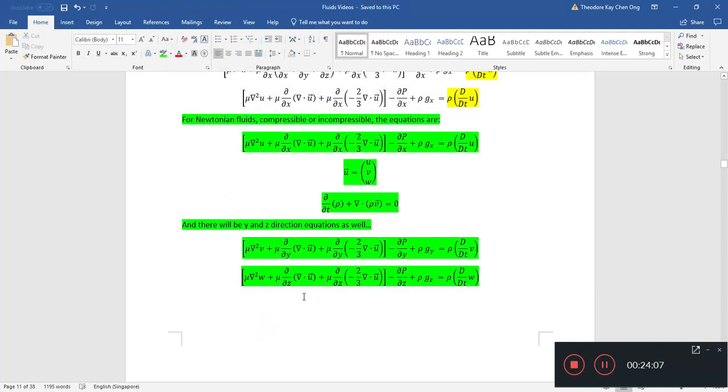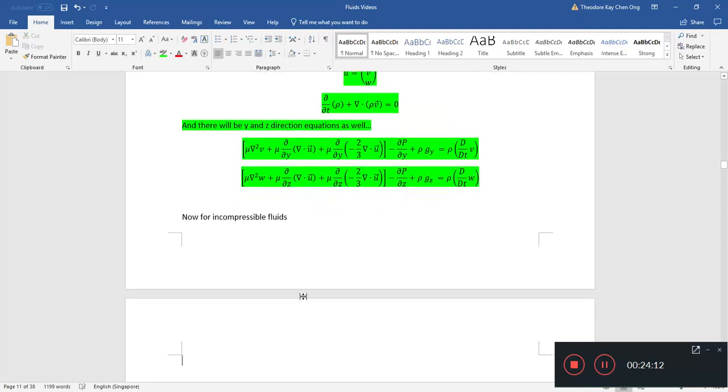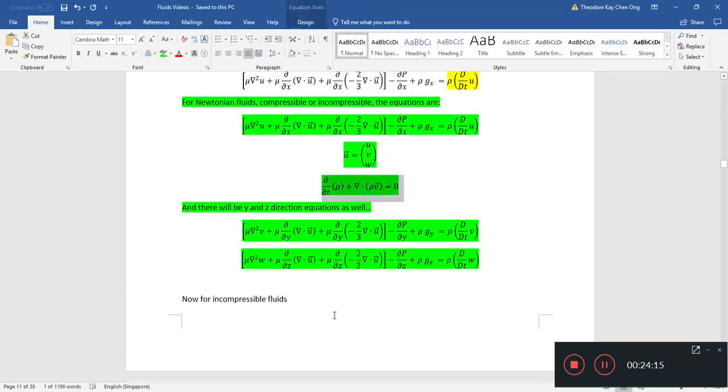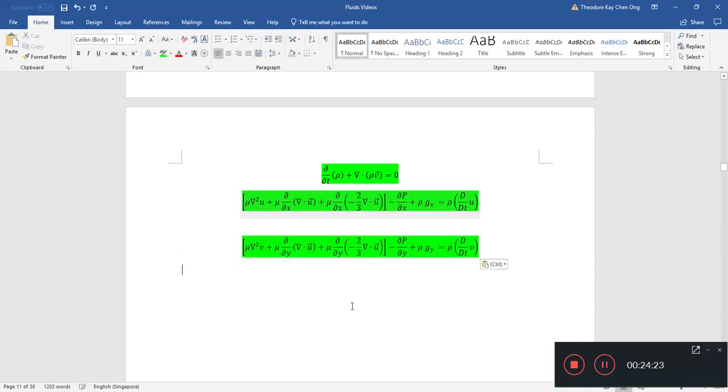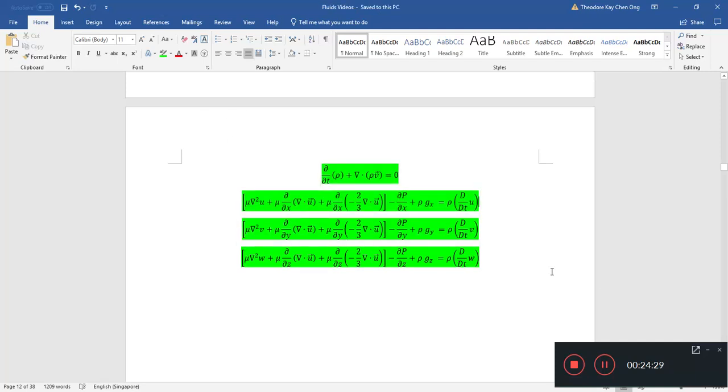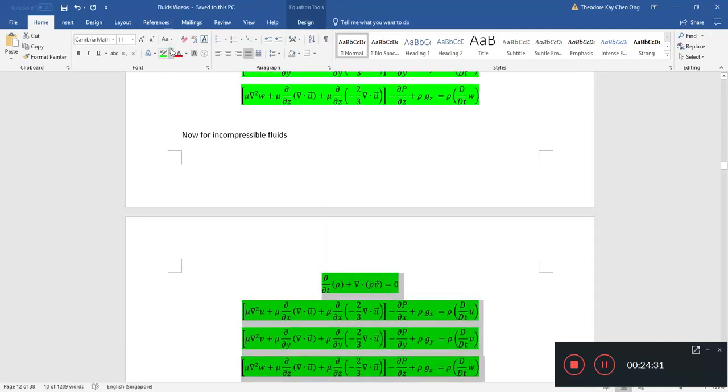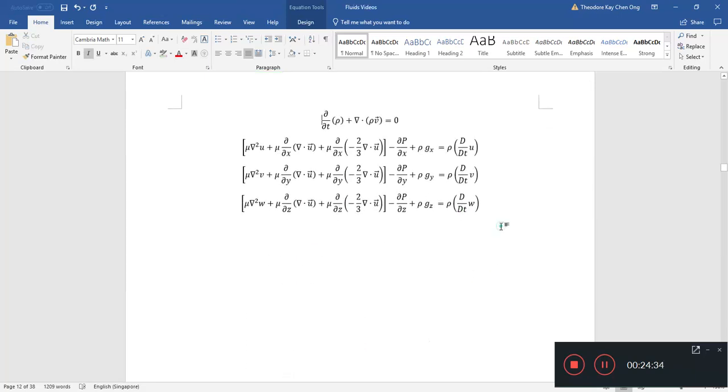Now for incompressible fluids. Now this makes the Navier-Stokes equation even easier. So one mass balance, three momentum balance. I'm going to remove the highlight. So we'll have incompressible, which means density is constant.